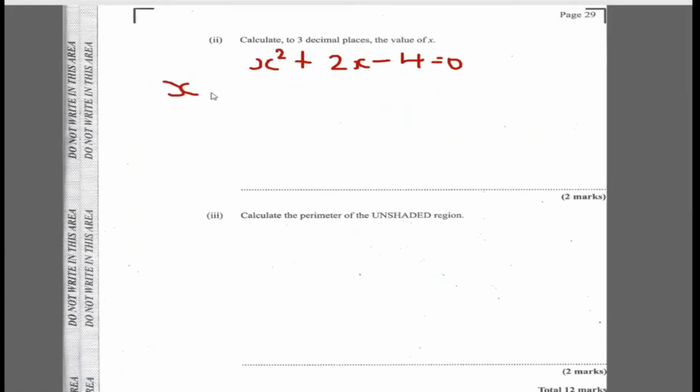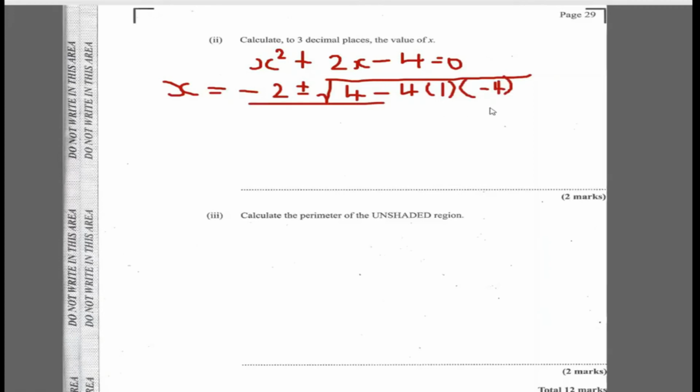So x is equal to minus b, which is negative 2, plus or minus the square root of b squared, which is 2 squared, which is 4, minus 4ac, minus 4 times a times c, which is negative 4, over 2a, over 2 times a, 2 times 1, which is 2.